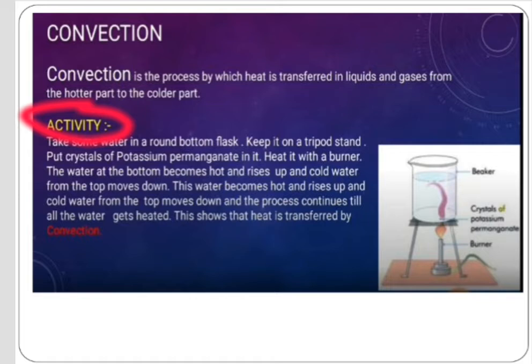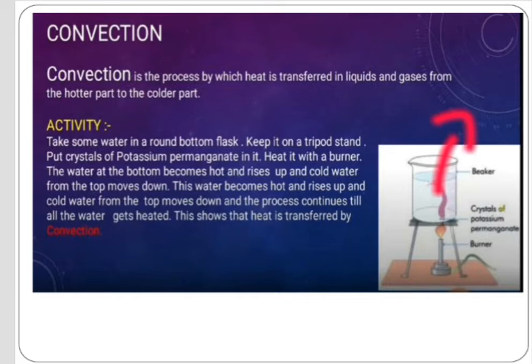Okay, procedure. This one is a procedure. Now, observation. When violet color water is heated, the water near the flame gets hot, and hot water rises up.